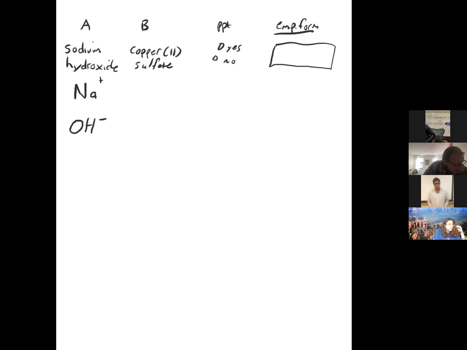Second one. Now, when you have a transition metal and they give you the Roman numerals, that's the charge right there. So if it says copper 2, that means it's +2. So copper, be careful with copper. Cobalt is Co. Copper is Cu, and it's just Latin, right? So cuprum is the name of copper.